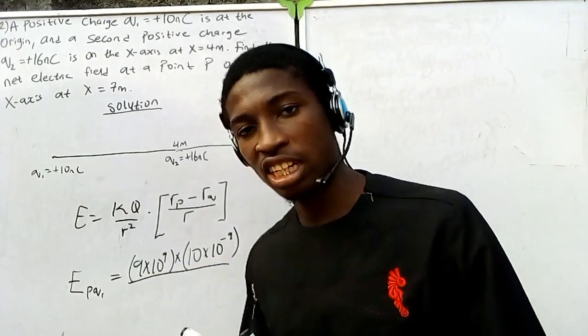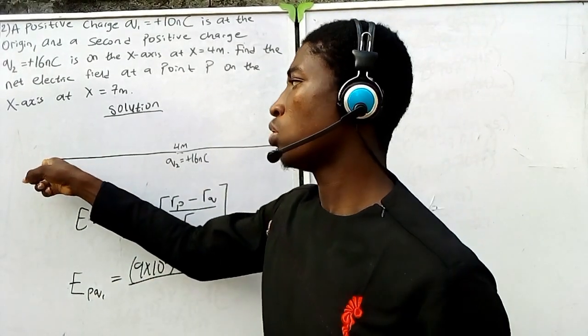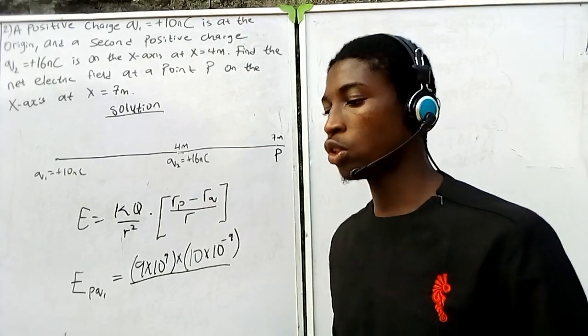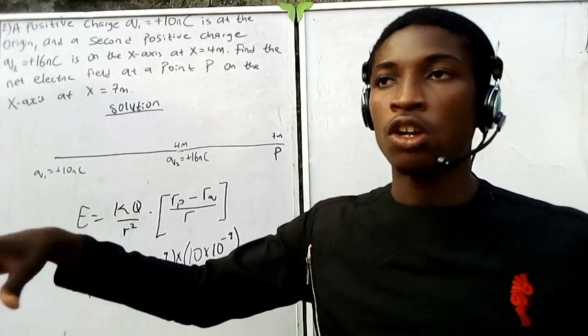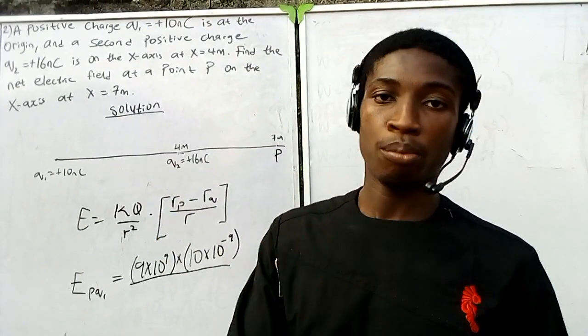Now what is the distance between Q1 and point P? Q1 is 0. Since this is a vectorial question, we'll make use of the components, the I, J, and K components. For the x-axis, we use I. For the y-axis, we use J, and we actually don't use K, just x and y mostly.